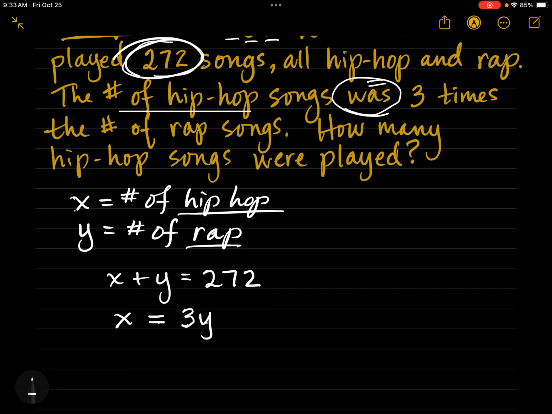And remember, for systems, you learn 3 methods: graphic method, elimination method, and substitution method.